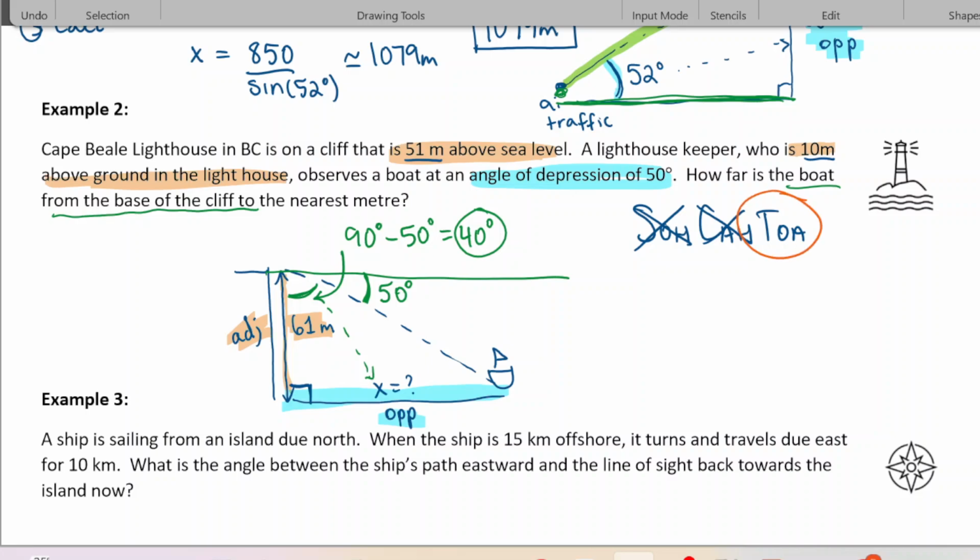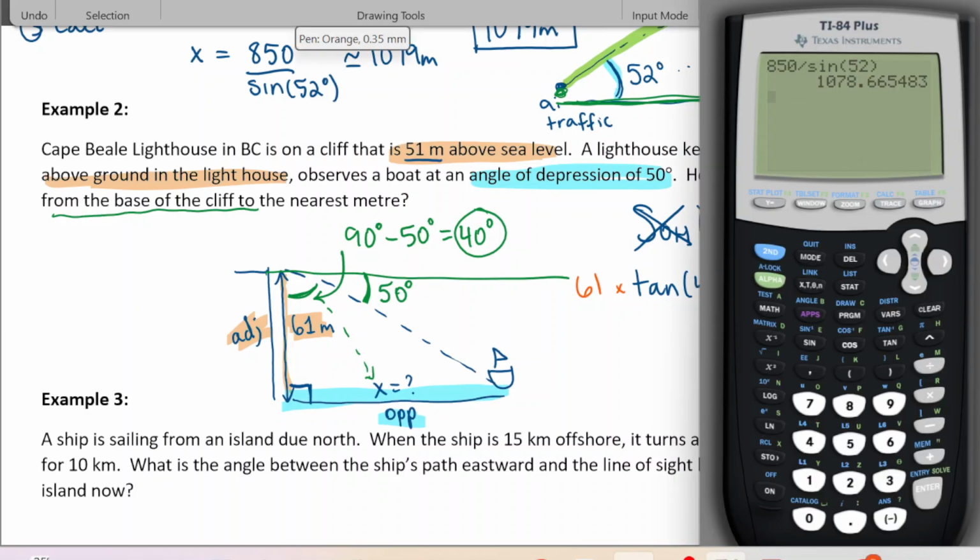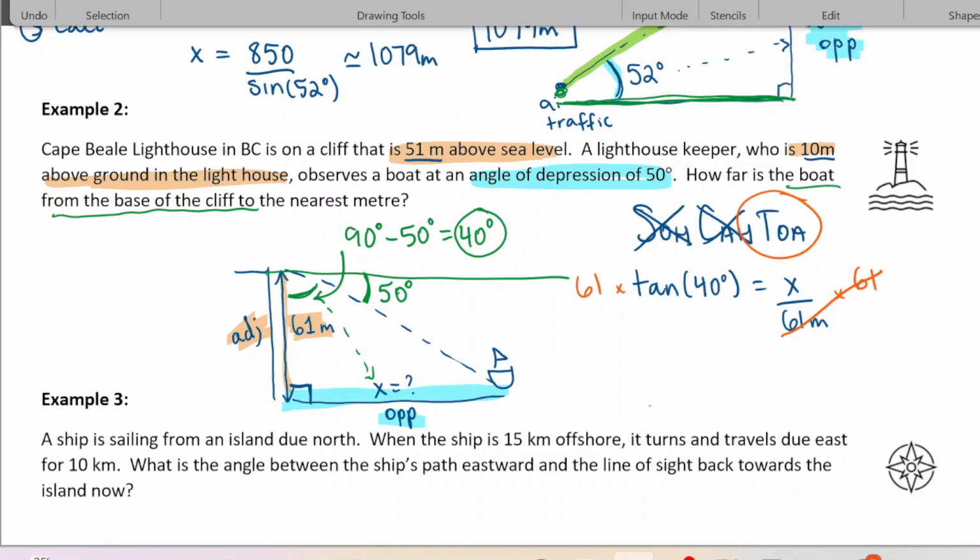So let's set up my ratio. Tan of my angle, 40 degrees, is opposite over adjacent. And then in this case, I want to just multiply both sides by 61 to solve for x. And that's what I'm going to type in, 61 times tan of 40. So I get 51.2.